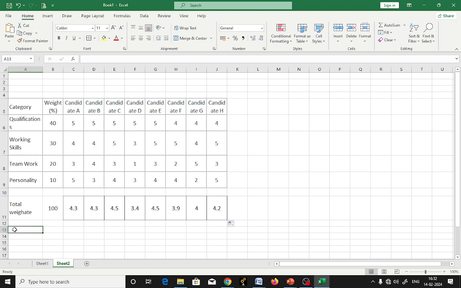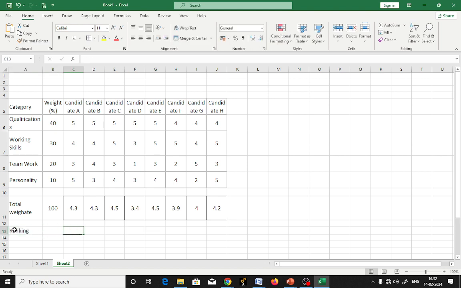Now based on this, you need to go for ranking. Now this candidate is 1, 2, 3, 4, 5, 6, 7, 8. You got a rank? Okay. So this is about the weighted average.